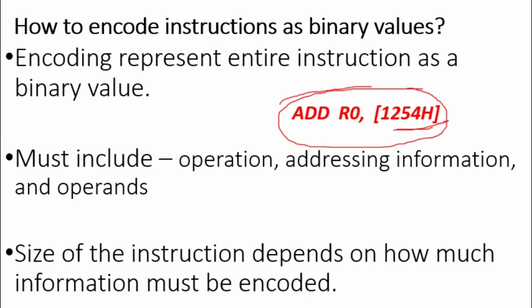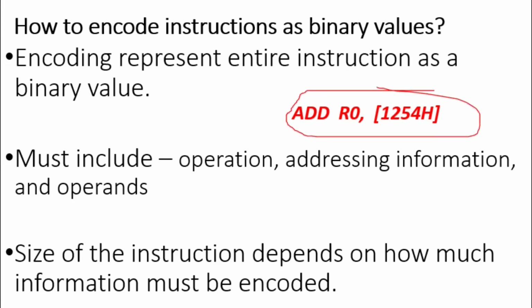When I encode it, it is necessary to encode the entire instruction and not only the operation name, that is ADD. That means we encode the operation name, what operands I have used, what the values of those operands are, and also what kind of addressing information is required.